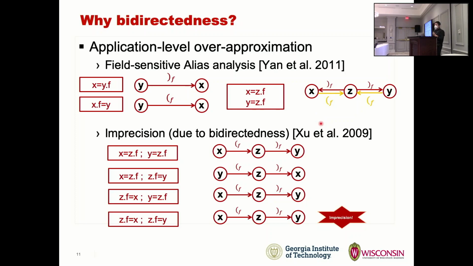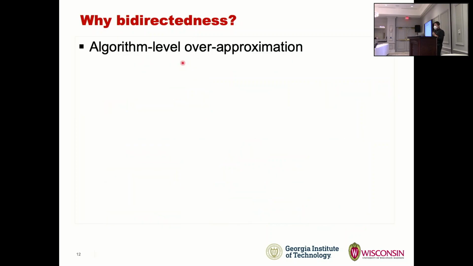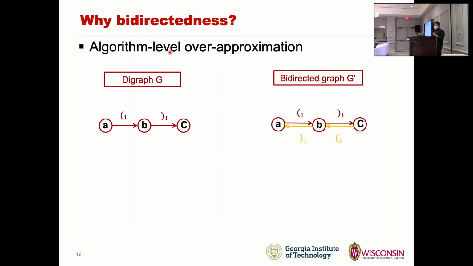Okay, so that's the first aspect of the bidirectedness. Basically, it shows that it's an over-approximated treatment for some applications. The second aspect is that it also offers a view of over-approximation from an algorithm perspective. That is, if we take a look at the directed graph and its bidirected counterpart, what we do essentially in the bidirected graph is to introduce some yellow edges.